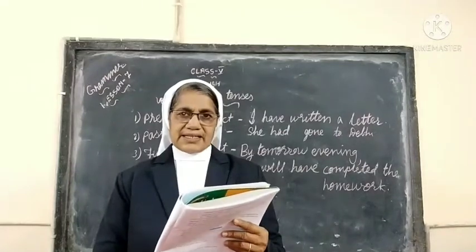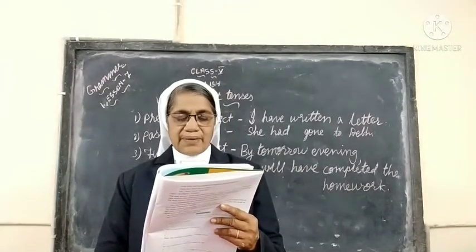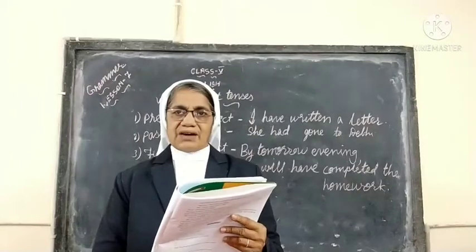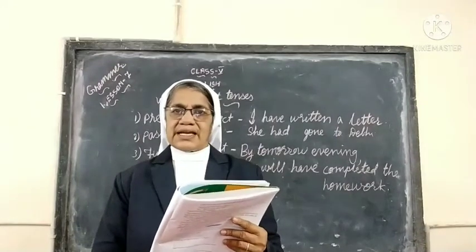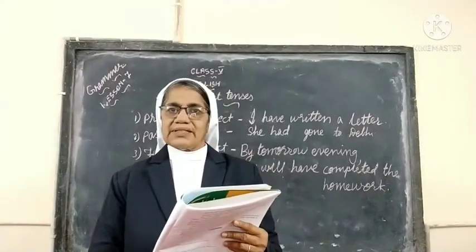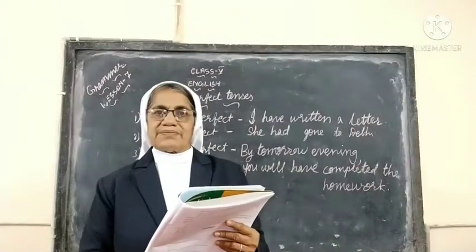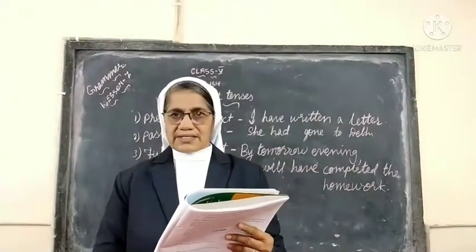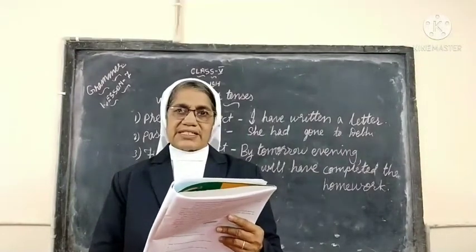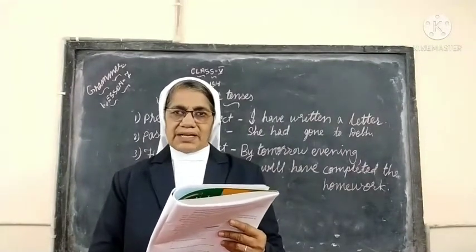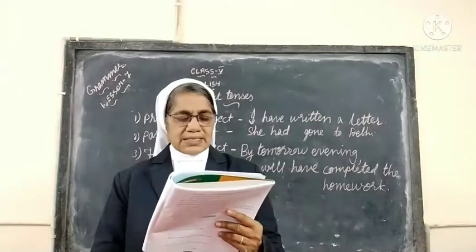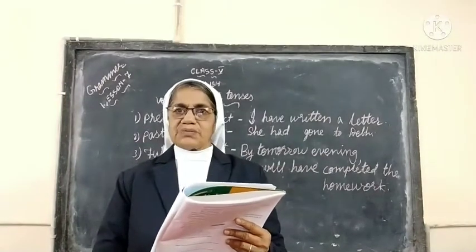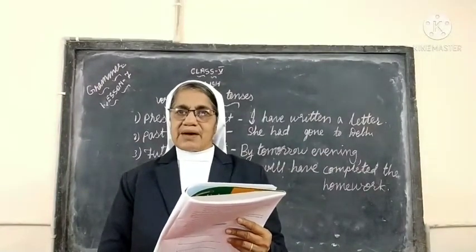And the next sentence, they have damaged the window. Here have is used because they is plural. With the plural subjects we use have. With the singular subjects we use has. Always remember it. After that, have plus past participle of the verb, that is damaged.